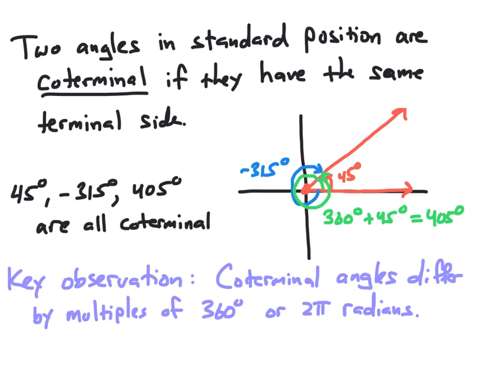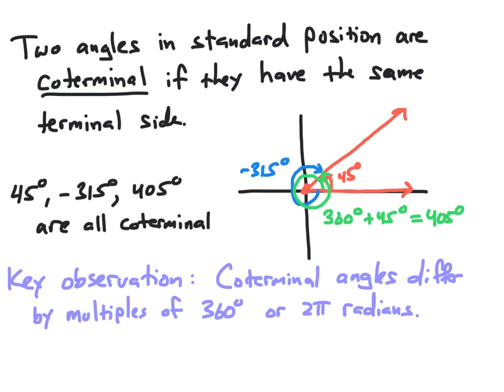And this is the key observation to make regarding coterminal angles, that they differ by complete rotations. If we're measuring our angles in degrees, then that means coterminal angles will differ by multiples of 360 degrees. And if we're measuring our angles in radians, they'll differ by multiples of 2 pi radians.